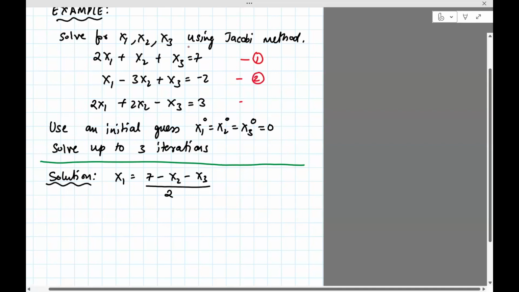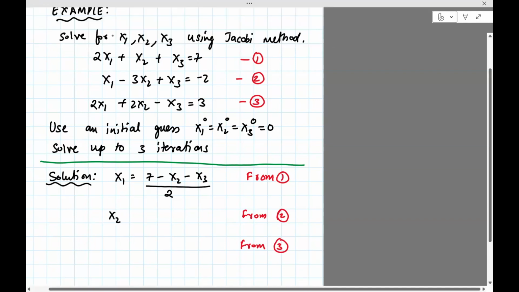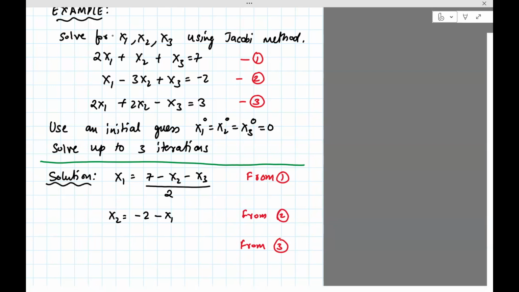One, two, three. From 1, another one here from 2, and from 3. x2 is -2 minus x1, and minus x3.